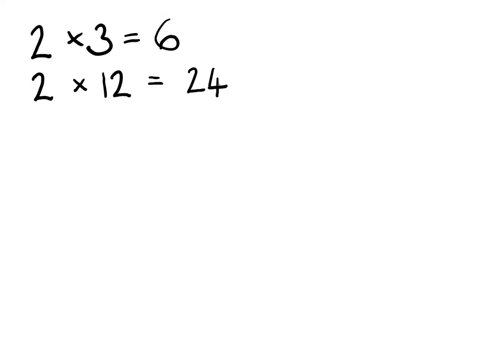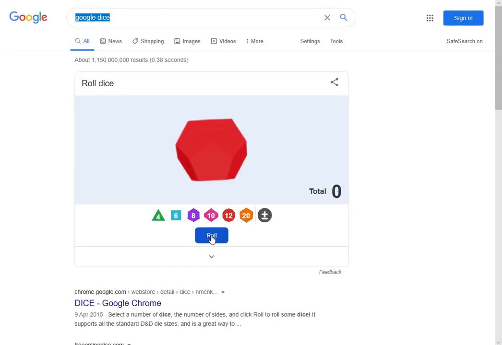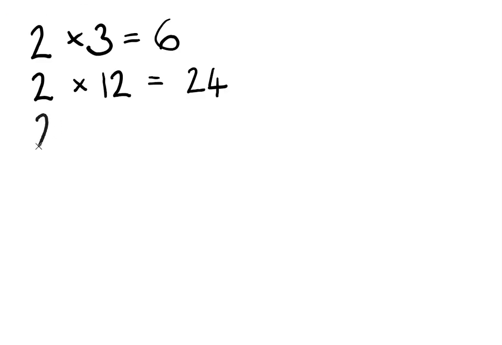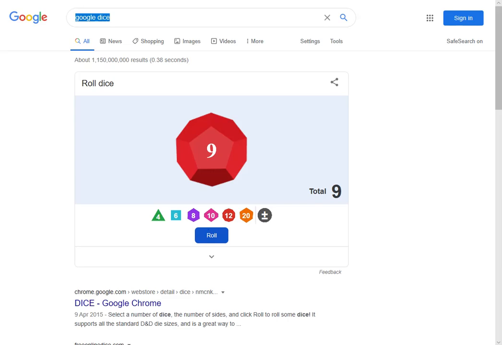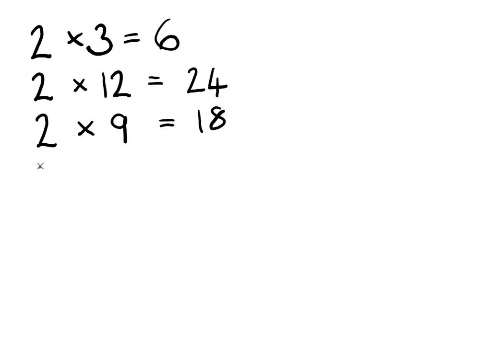And then you go back to your dice, you roll the dice again. 9, 2 times 9. 2 times 9 equals 18. Then you go back to your dice, you roll it again. 11, right. 2 times 11 equals 22.